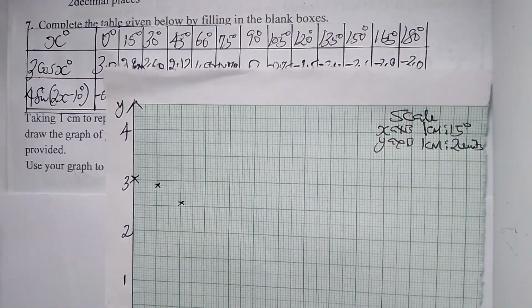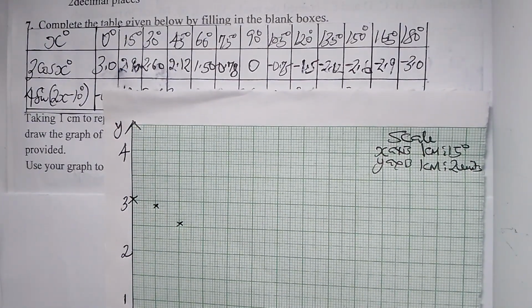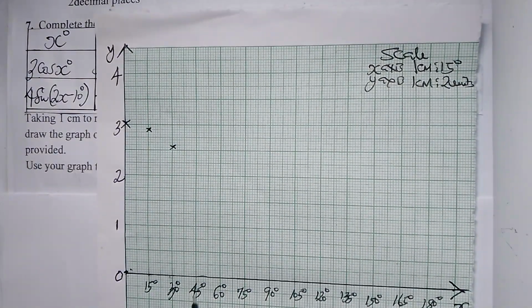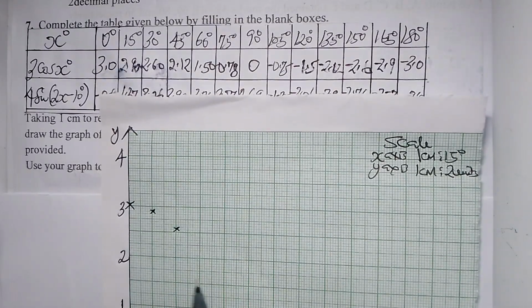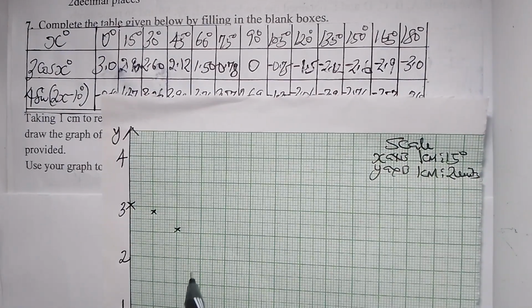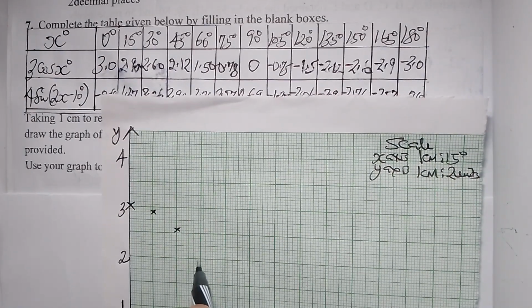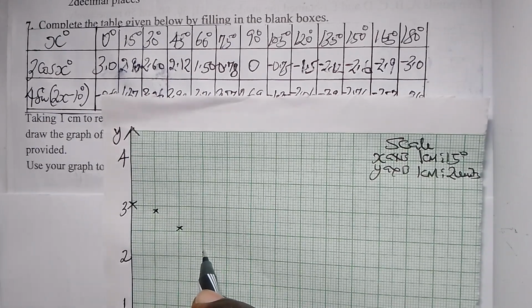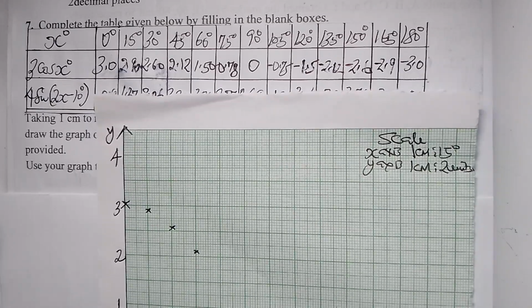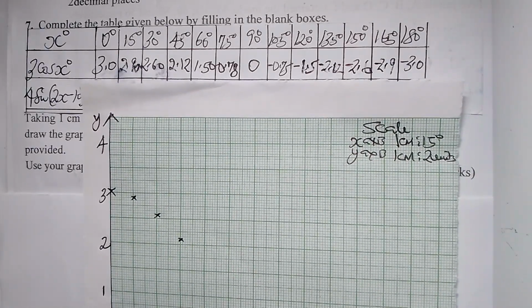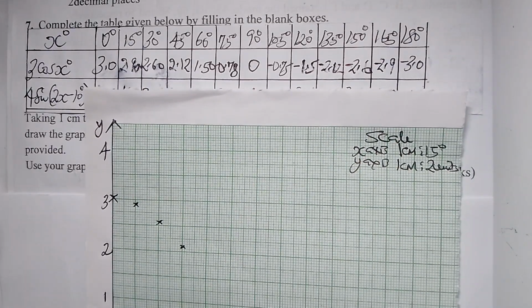When x is 45, 2.1. 2 squares above 2. This is 2, 2 small squares, that is. Put an x there. When x is 60, 1.5.